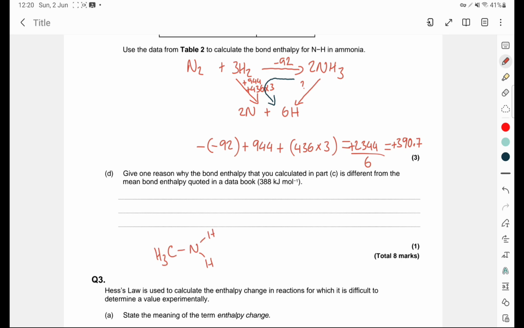The presence of the carbon there will impact the strength of the bonds. Therefore, when you have a mean value in a data book, it is the mean value across a whole range of different compounds, not just the NH3 molecule. Your answer is worked out just looking at the NH3 molecule.